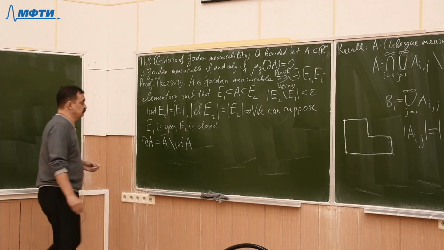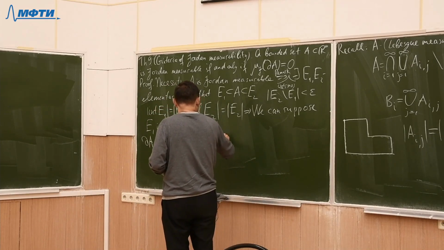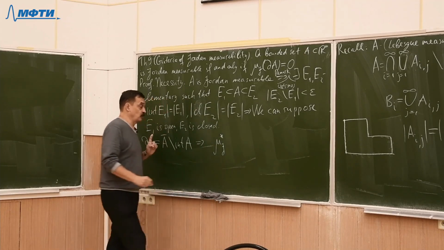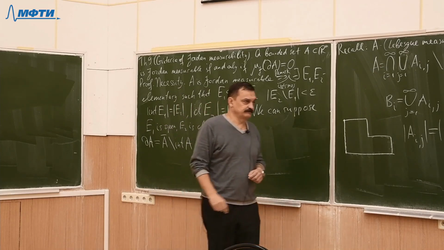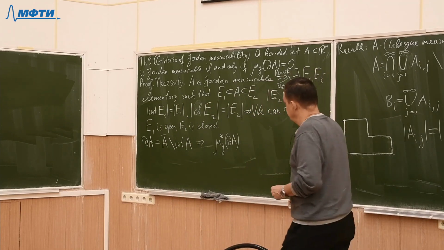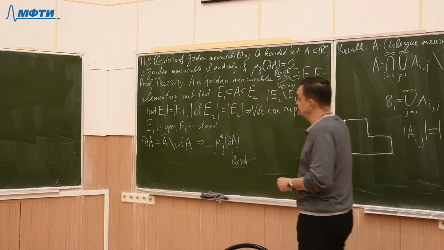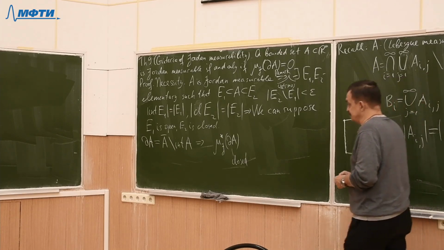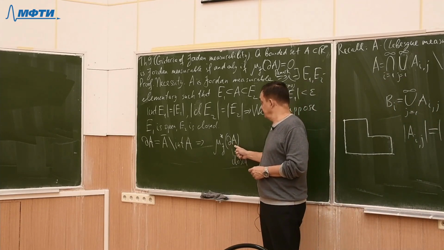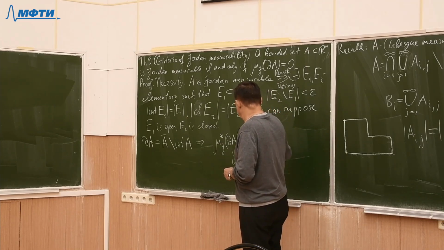Hence, we can observe the following thing. If I consider the outer Jordan measure of the boundary, then, since this is closed, that is another property of the boundary which was mentioned before, that it is a closed set, and if it is closed, then outer Jordan measure coincides with Lebesgue measure.